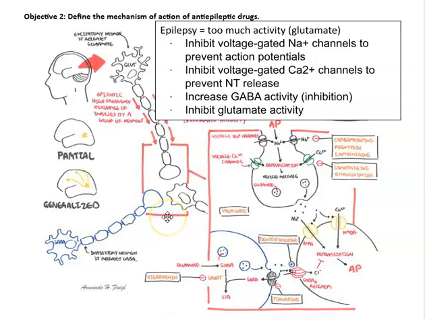So many different ways that we can do it. We can do it presynaptically in the action potential, presynaptically in these voltage-gated calcium channels, or postsynaptically by increasing the availability or activity of GABA and decreasing the availability or activity of glutamate.